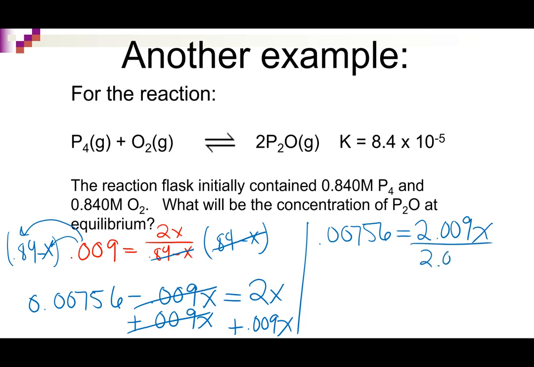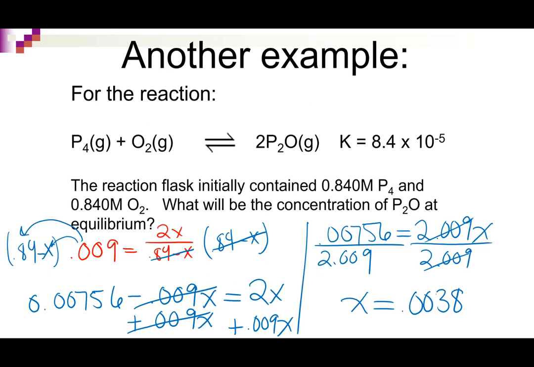And then we want to get x by itself. So x equals 0.00756 divided by 2.009. And x equals 0.0038.